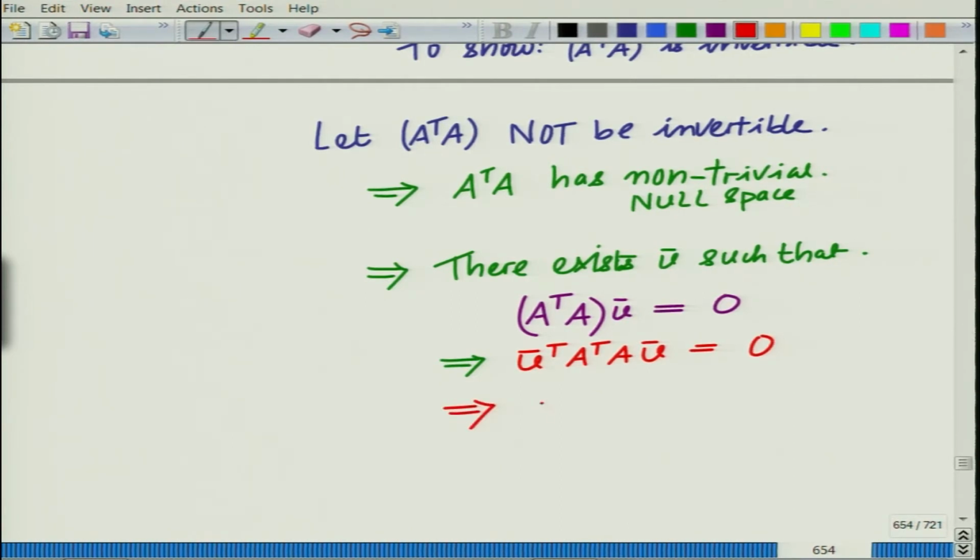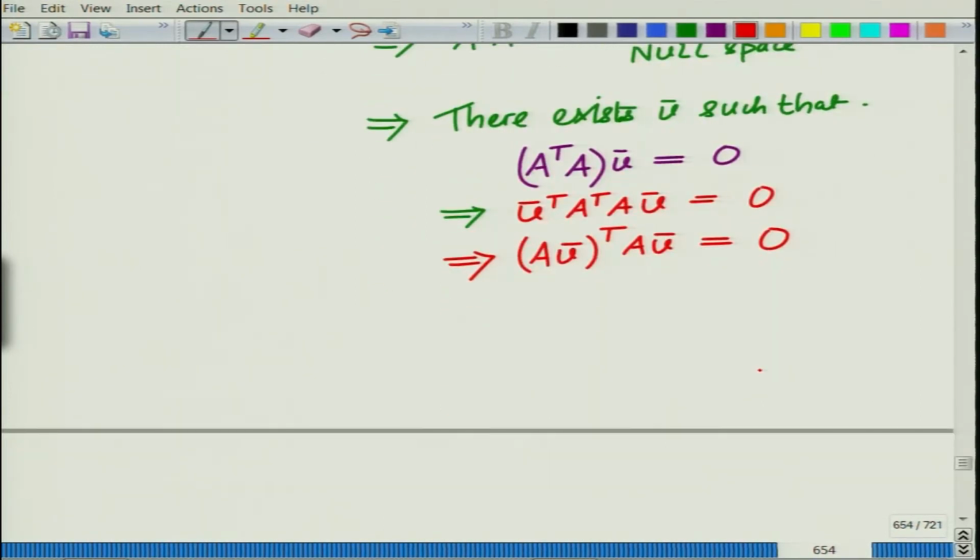This implies that (A u bar) transpose (A u bar) equals 0, but a vector transpose itself is nothing but the norm square of the vector. This implies that the norm square of A u bar equals 0.